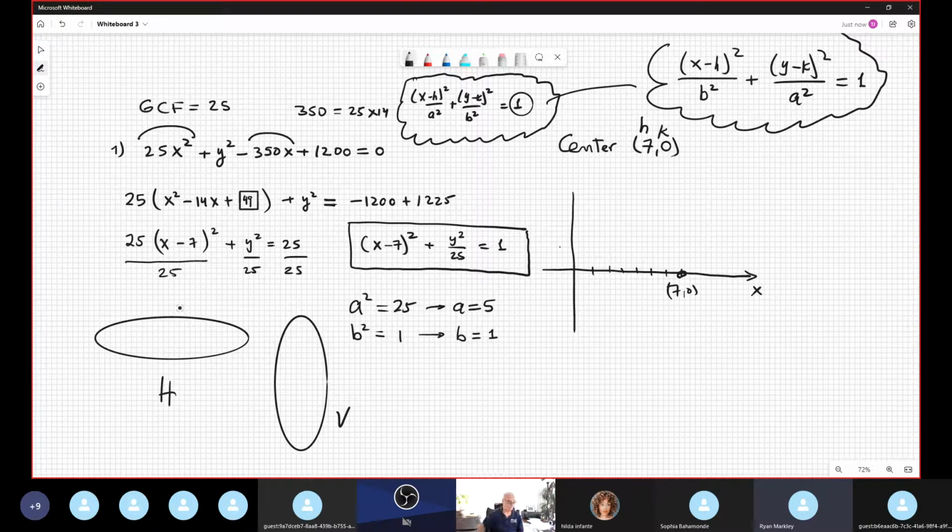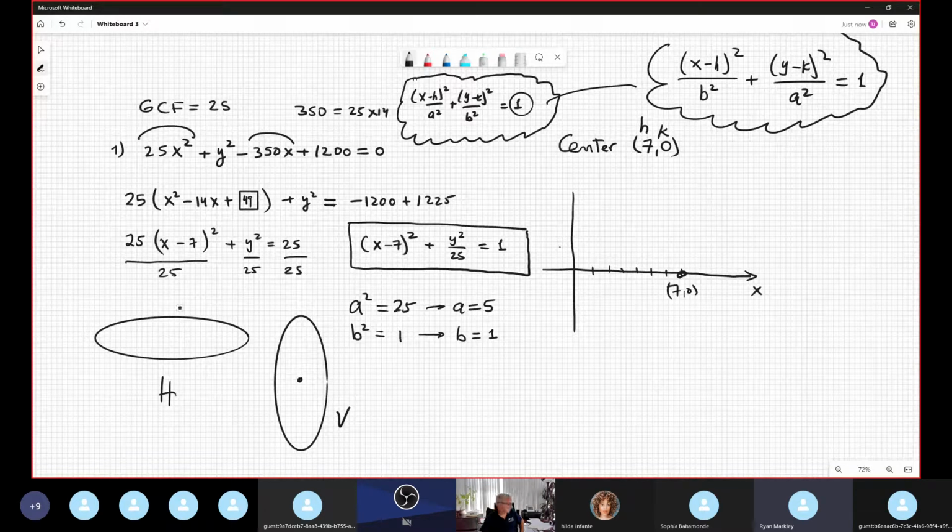What do you think? Horizontal or vertical? You don't remember? Remember, one more time. a is the semi-major axis, the distance from the center to this, and a is associated with the y.